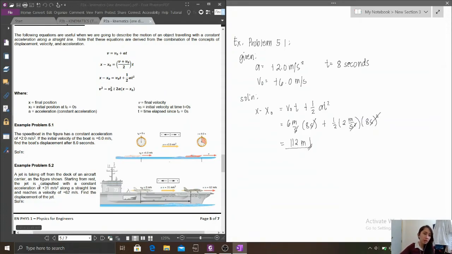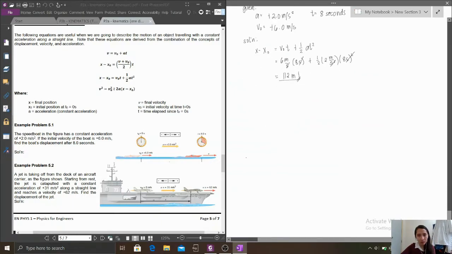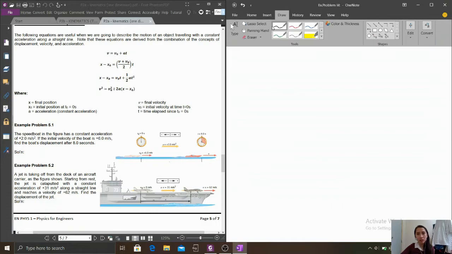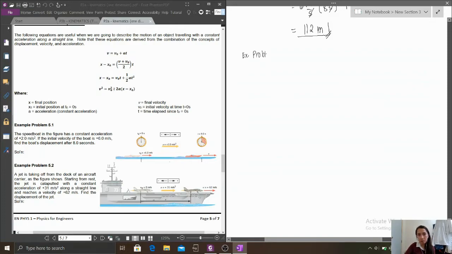Next, we have example problem 5.2. A jet is taking off from the deck of an aircraft carrier as the figure shows. Starting from rest, the jet is catapulted with a constant acceleration of positive 31 meters per second squared along a straight line and reaches a velocity of 62 meters per second. So, find the displacement of the jet. Example problem 5.2.